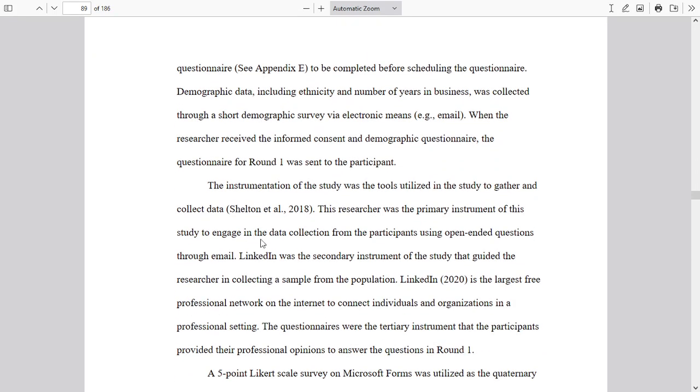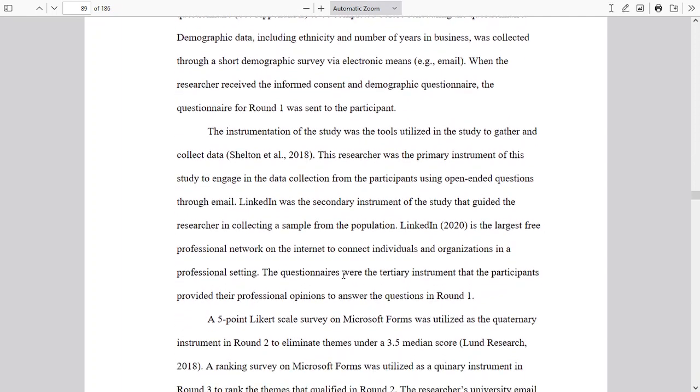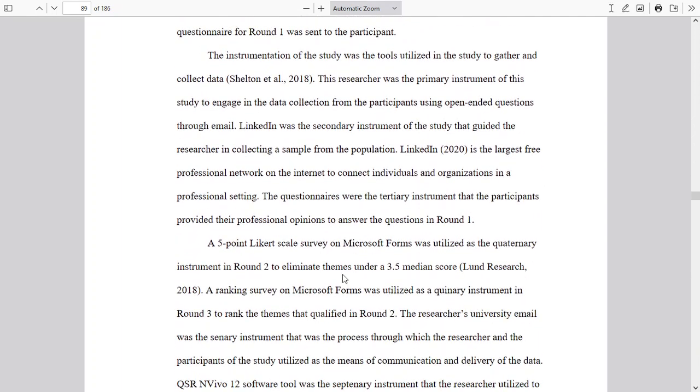So the researcher was the primary instrument. LinkedIn was a secondary instrument. The questionnaires were the third. The Likert scale was the 4th, and we're looking for the median score of a 3.5.